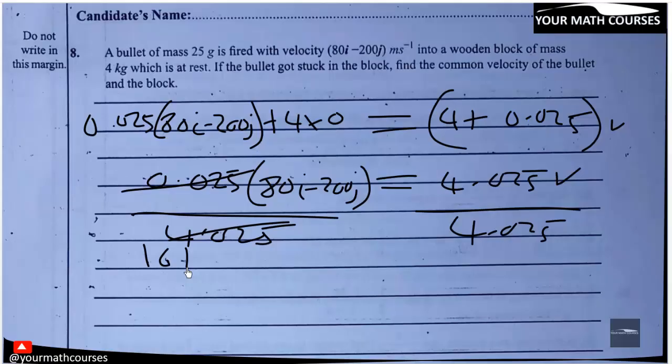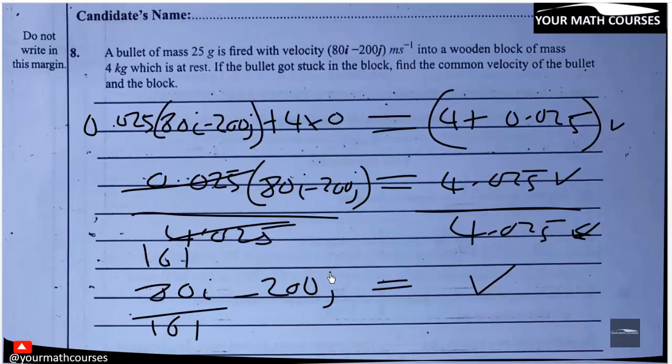So we have our v to be equal to 80i over 161 minus 200j over 161 meters per second.